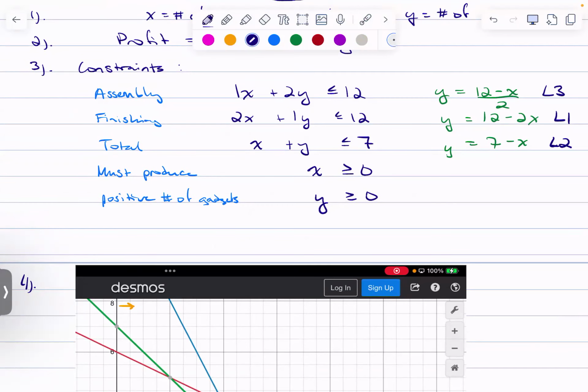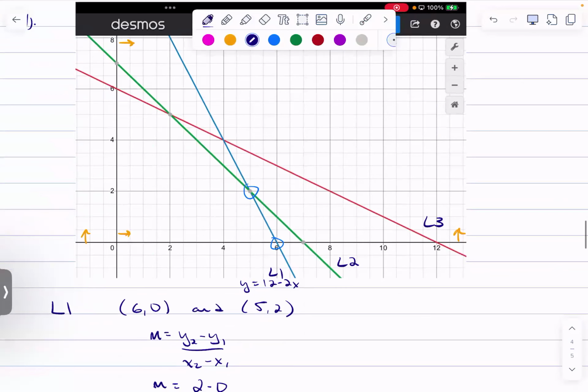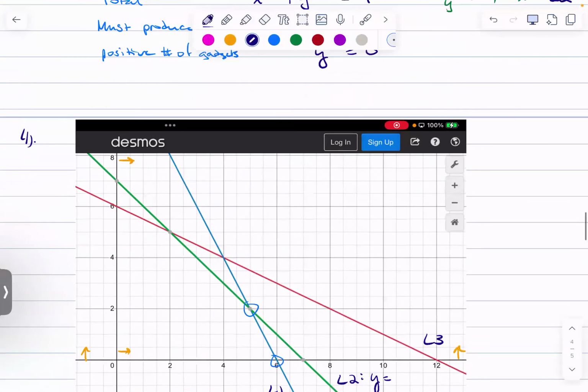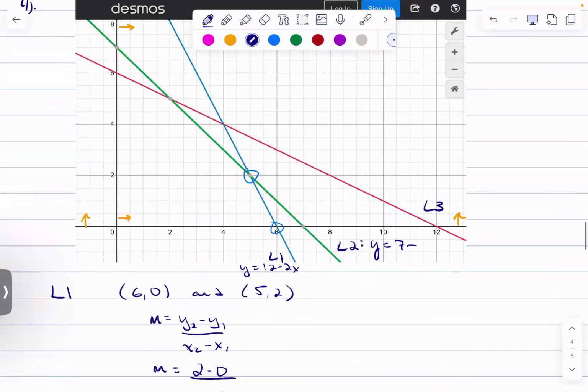So if we jot these down, line 2 is y equals 7 minus x, and line 3 is y equals 6 minus 1/2 times x, if you break up that fraction into a y equals mx plus b type of situation. Why do we need to know the equations of the lines? We need to find the intersections of some of these.